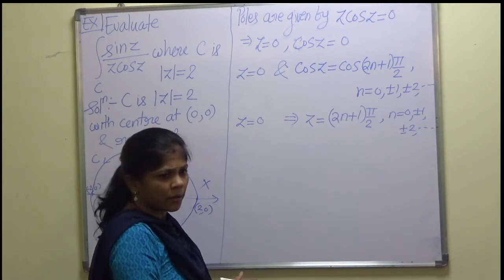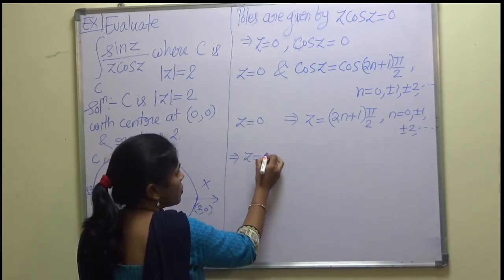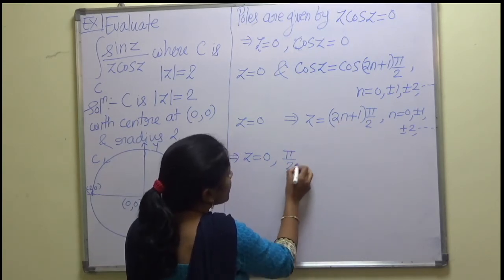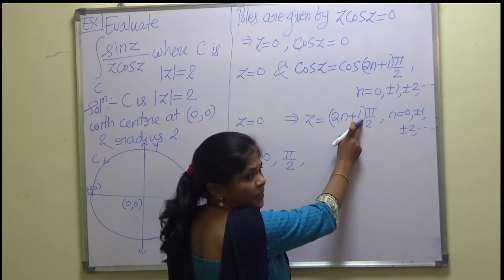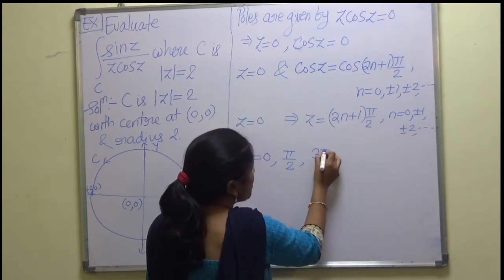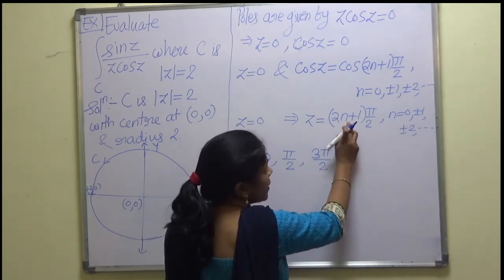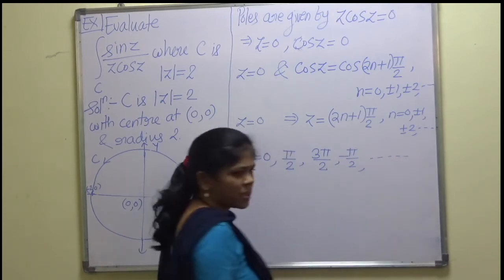If I put n as 0, it will be pi by 2. Put n as 1, so 2 into 1, 2 plus 1, 3, so it is 3 pi by 2. Put n as minus 1, and it will be minus pi by 2. Like this we will have the angles.